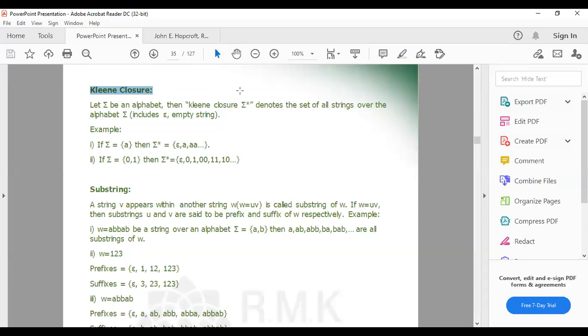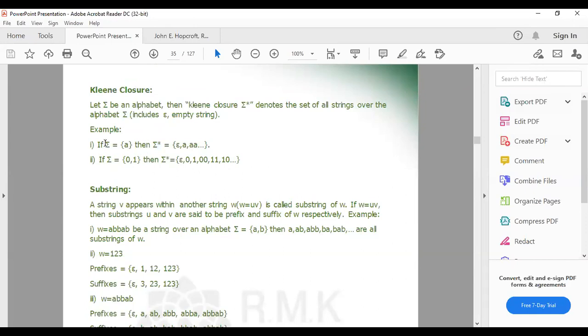We can mention it by another name, the star closure. Kleene closure or star closure denotes the set of all strings over the alphabet, over the input.